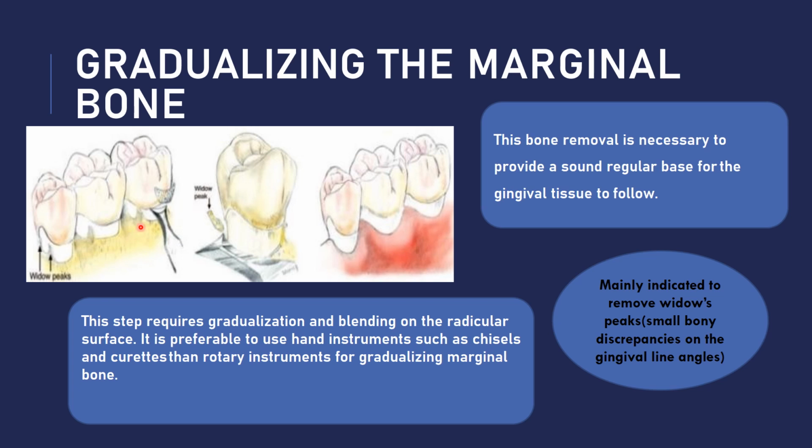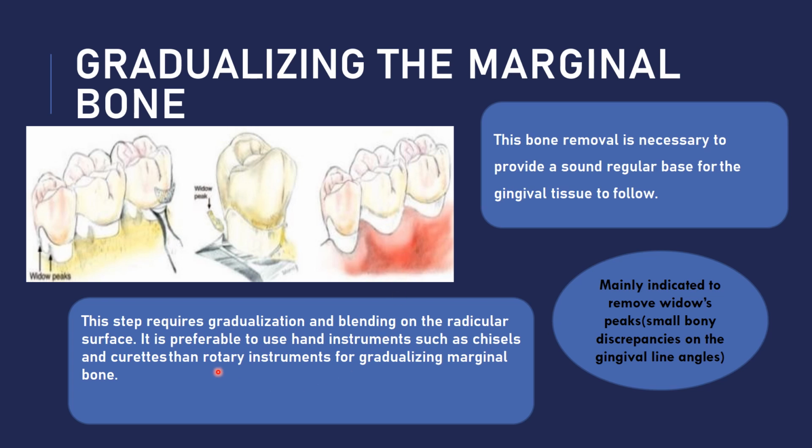So we have done vertical grooving, radicular blending, and flattening of the interproximal bone. Then coming to the marginal bone, there is smooth adaptation, flap coaptation. This is very important. In case of removing the widow's peaks, you can see the widow's peaks, there is a bony discrepancy. This peak type of discrepancy should be removed for proper flap adaptation.